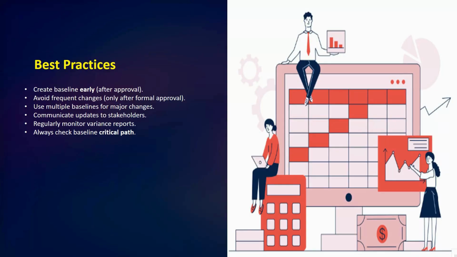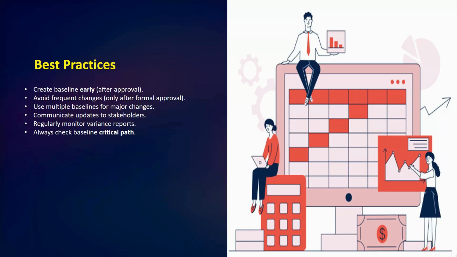Fourth, communicate updates clearly to the stakeholders. Everyone should know which baseline is being used for reporting and analysis. The fifth one is to regularly monitor variance reports to detect issues early.